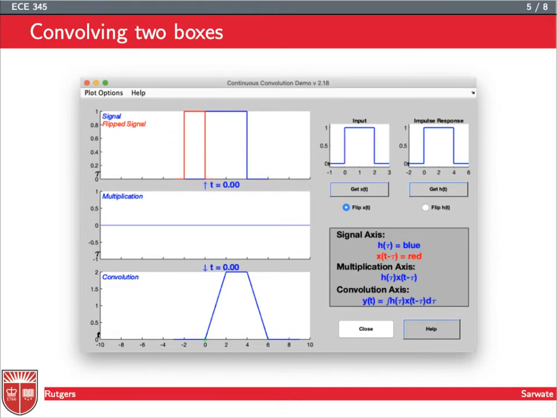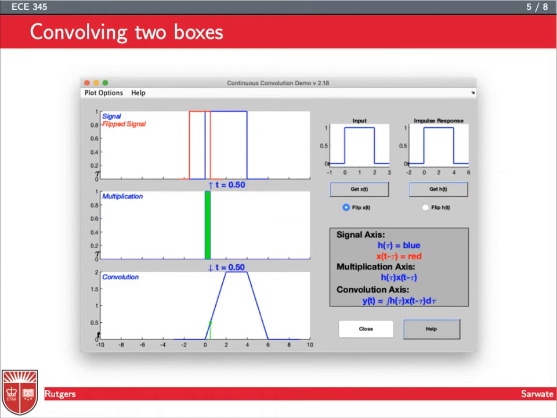Okay, now we can see that the flipped box and the box that represents h in blue are just barely overlapping. So the output is still 0 because they only overlap in one point. This is unlike the discrete case, where overlapping at one point gives you an output, but here, because it's continuous time, the integral of that multiplication is 0, so that's why you see nothing in this multiplication.